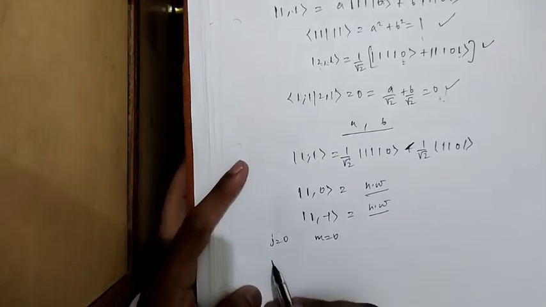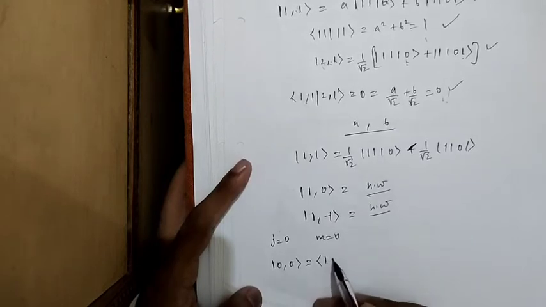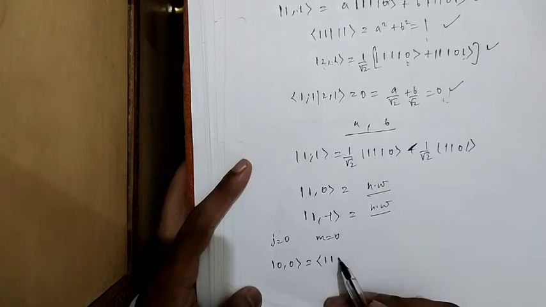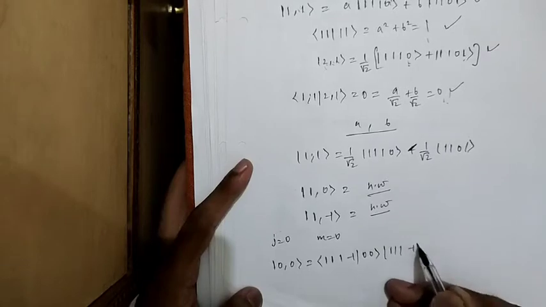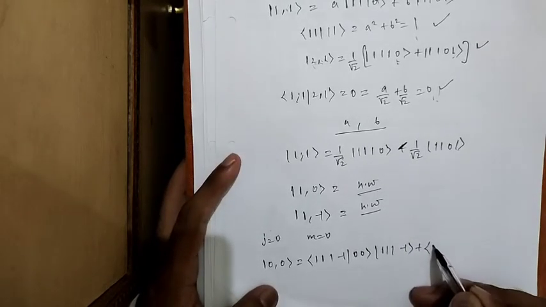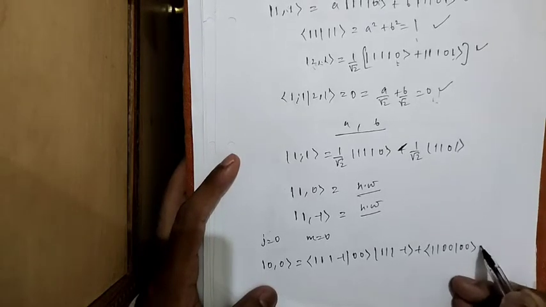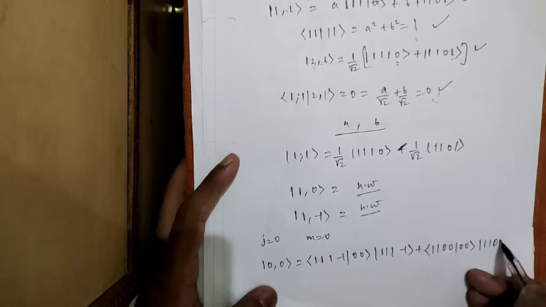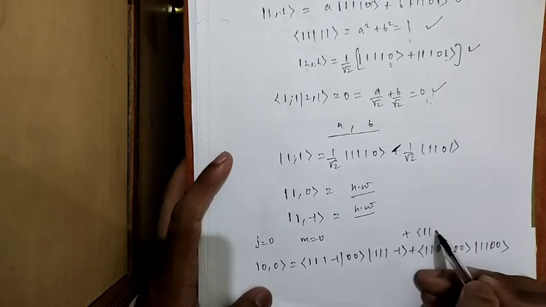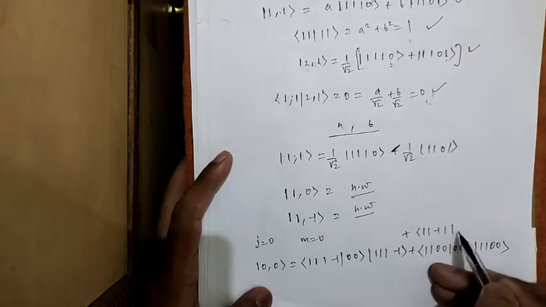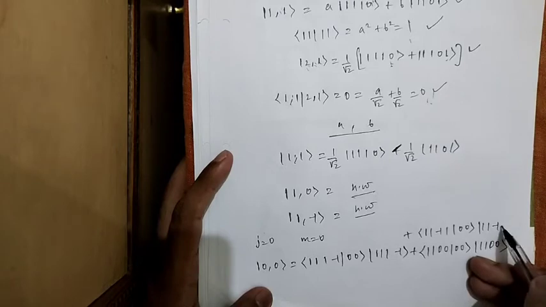So the possible state for 0 0 is, say, a|1 1⟩|1 -1⟩ plus b|1 0⟩|1 0⟩ plus c|1 -1⟩|1 1⟩.